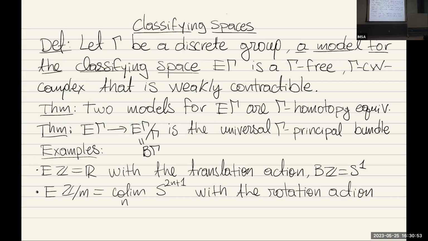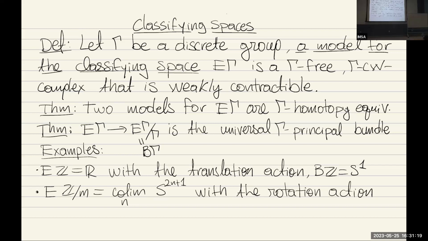Okay, classifying spaces. Let gamma be a discrete group. A model for the classifying space E gamma is a gamma-free gamma CW complex that is weakly contractible. A theorem says that two models for E gamma are gamma homotopy equivalent.